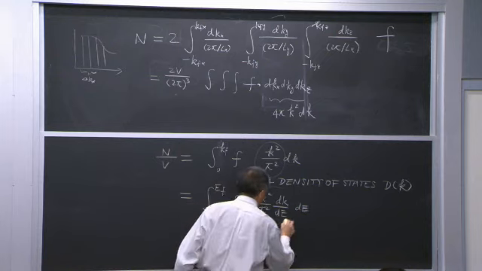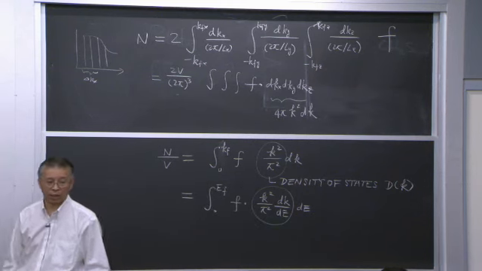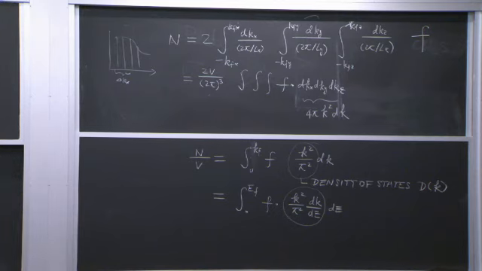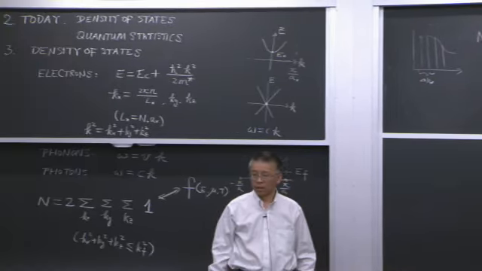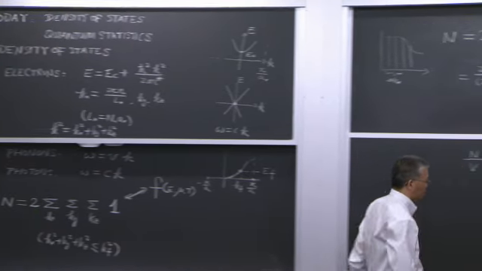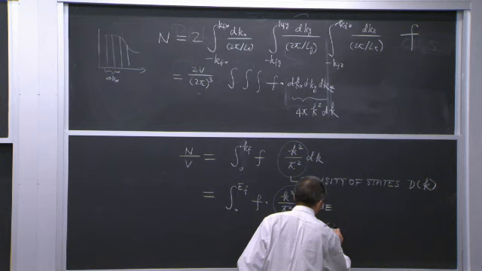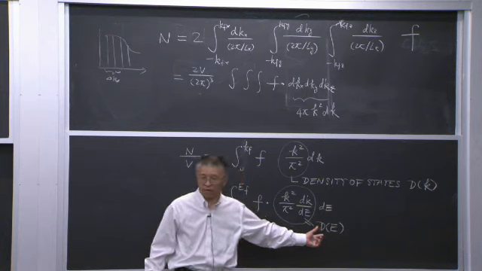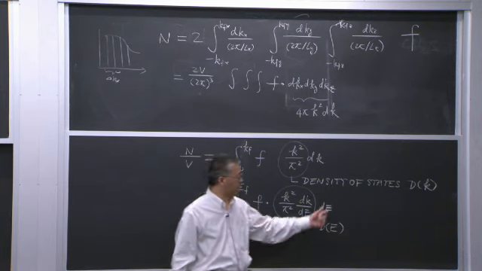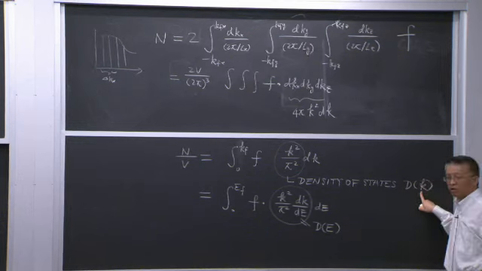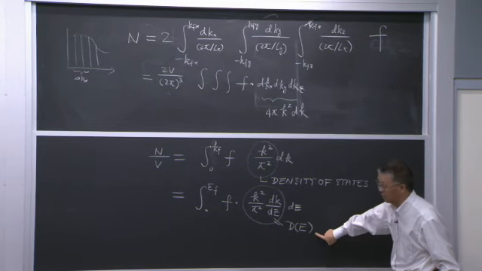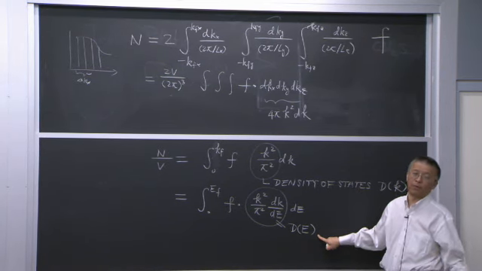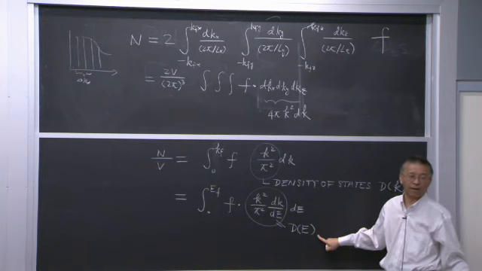At the end, everything in this blob I'm going to convert in terms of E. I have a relation between k and E, so I can convert this k into E. So if I write this in terms of E and integrate over E, this is my density of states per energy interval, right? Here is my number of states per delta k. Here is my density of states per delta E. And similarly, you can write it per delta omega, or per delta nu, or per delta lambda.